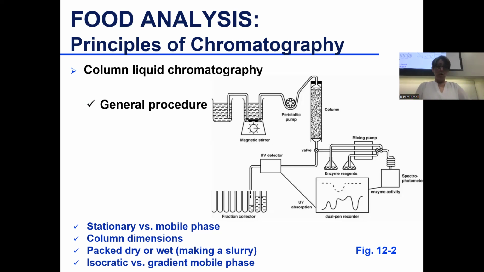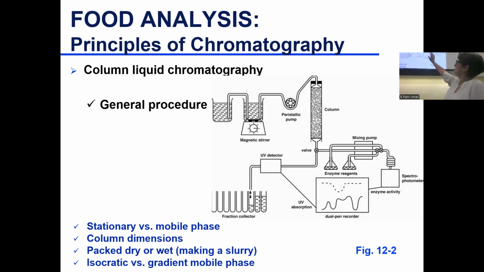The way you pack them usually has instructions from the manufacturer of the stationary phase. You usually prepare it in a slurry, and you pack your column under specific pressure, using a pump to pump in your stationary phase.